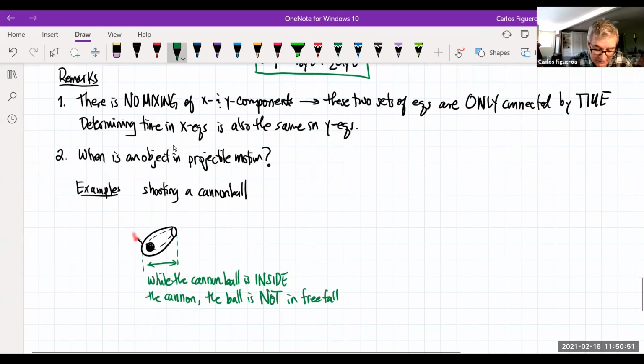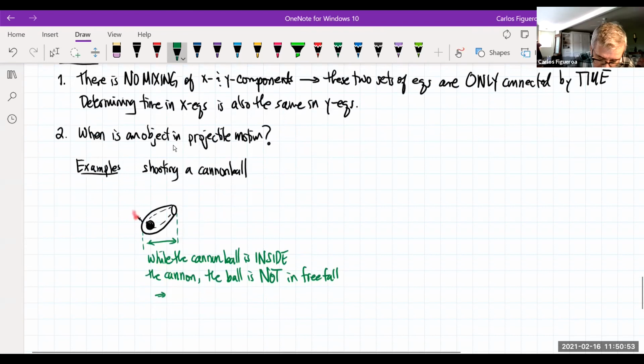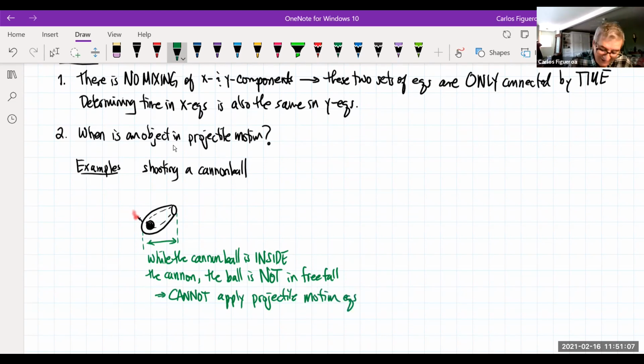So in other words, what this is really telling me is that we cannot apply projectile motion equations. You cannot apply them.